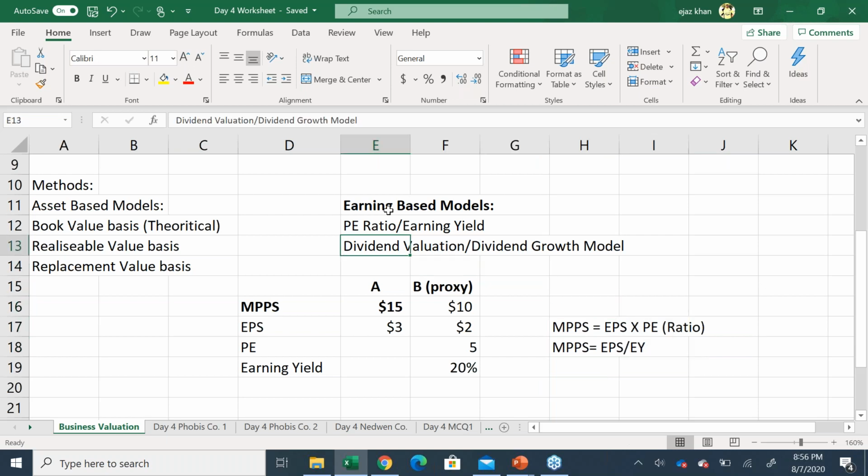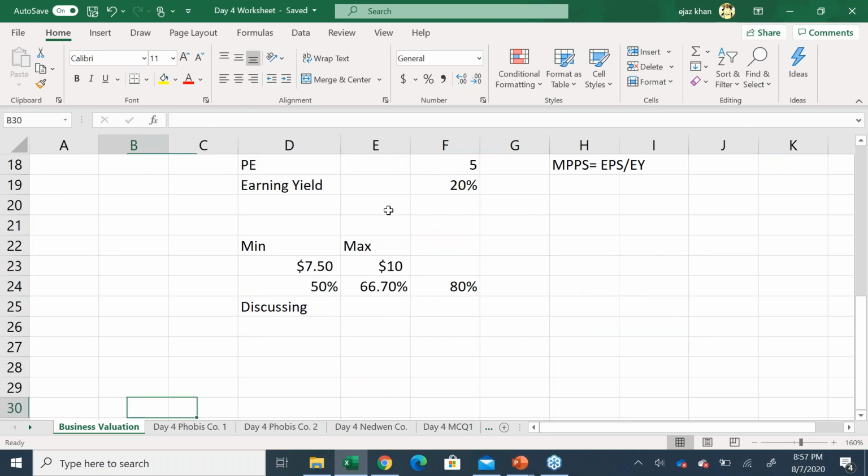Then we have the dividend valuation model or dividend growth model. The dividend valuation or dividend growth models value the company based on the dividends that the company pays rather than the total earnings. Most companies earn more and pay less dividends. And most investors in the market who do not look at the financial statements usually think the dividend is the income of the company.